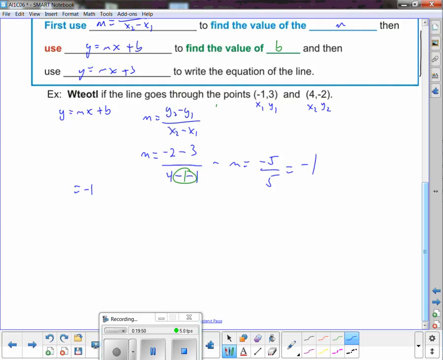So I got the -1 in for m. What are you after, John? What are you trying to find right now? Nope, you're not trying to find the x. Andrew? Not trying to find the y. Connor? We're trying to find b right now, right? We know m. We had to find m, and we know it. Now we got to find b, right? So how do I find b? How do I find b? Josh?